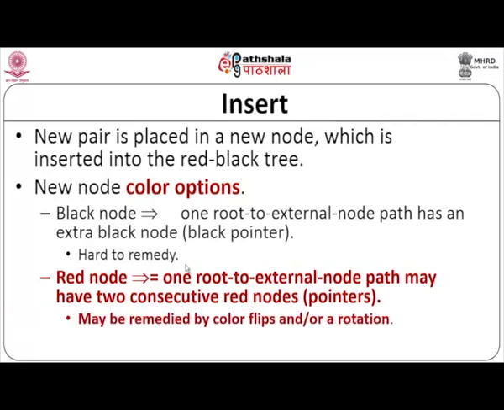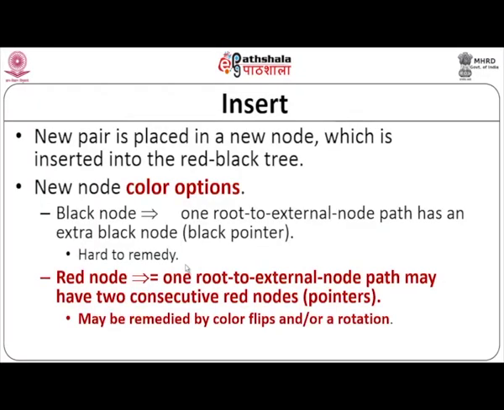Then it may be remedied by color flips or by a rotation. So, this is the basic color options that we have. Black, if it violates the black property, is very difficult to remedy, but if you violate the red node property because of coloring it red, it is easy: you have to do some color flips as well as some rotation.